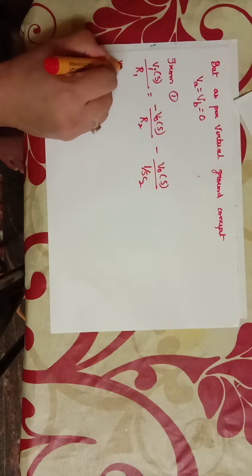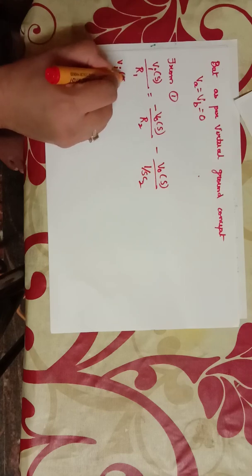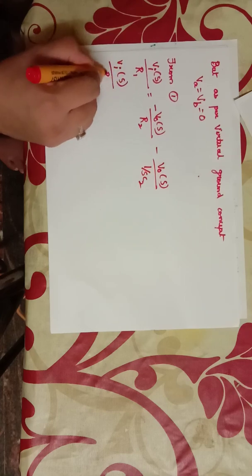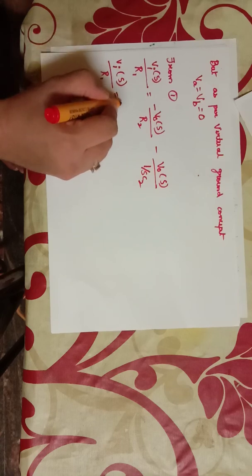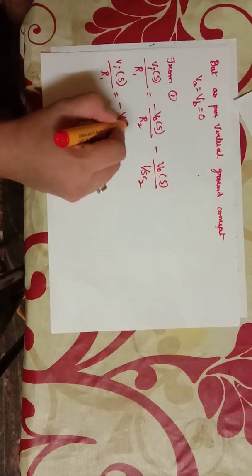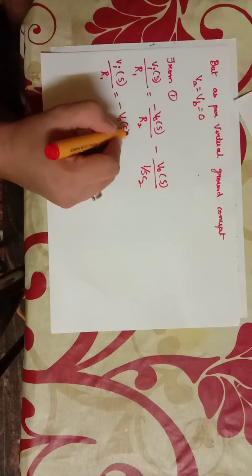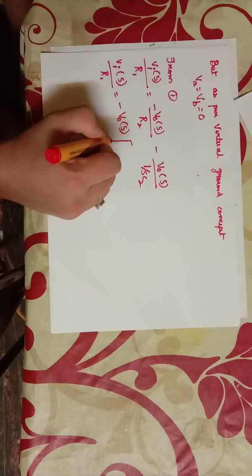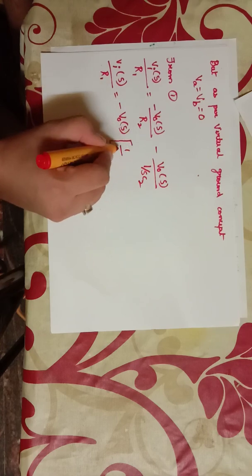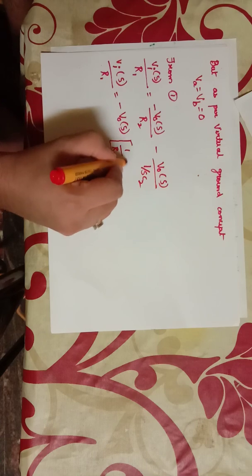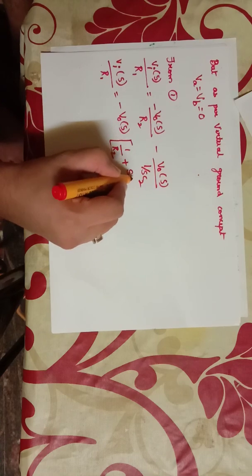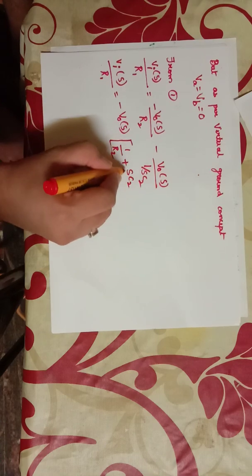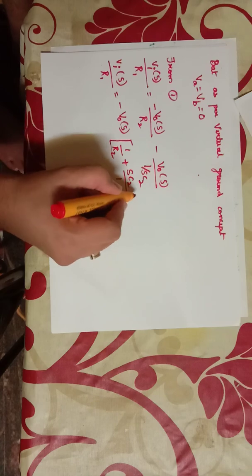Then Vi(s) divided by R1 is equal to minus V0(s) into (1 by R2 plus sC2) divided by 1.